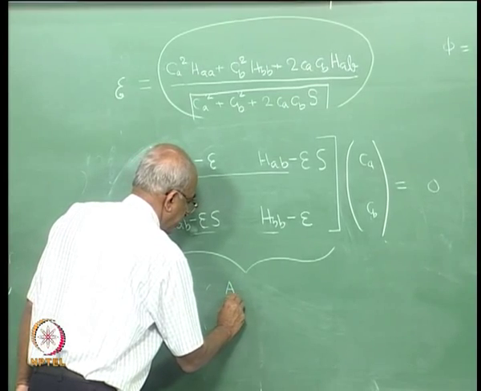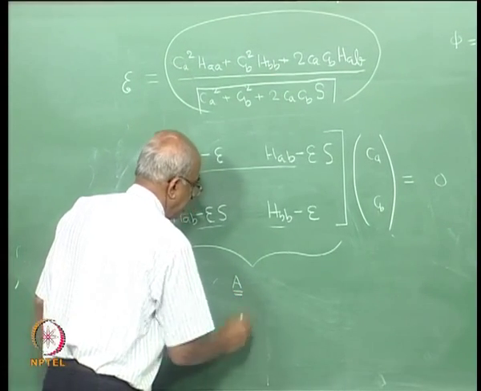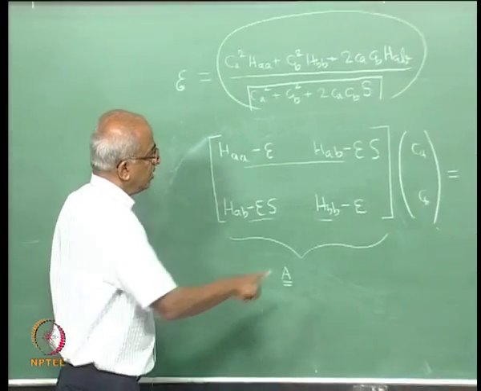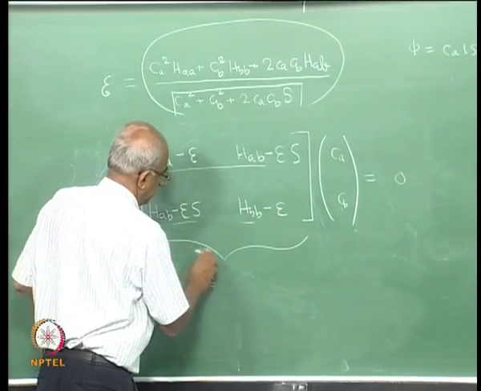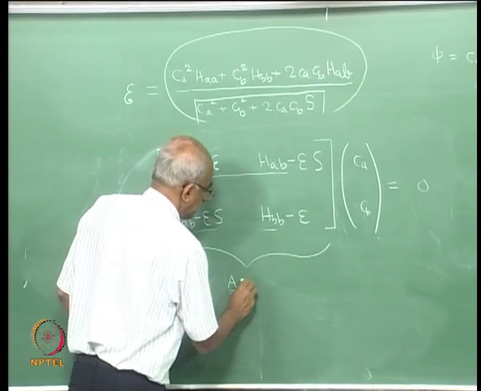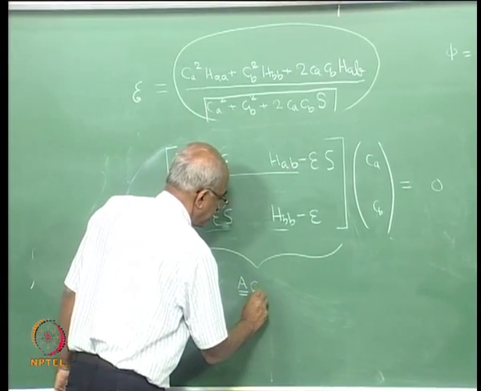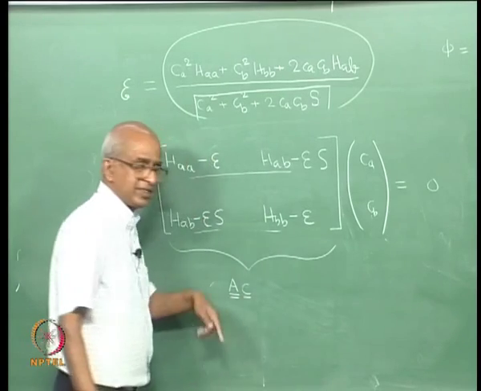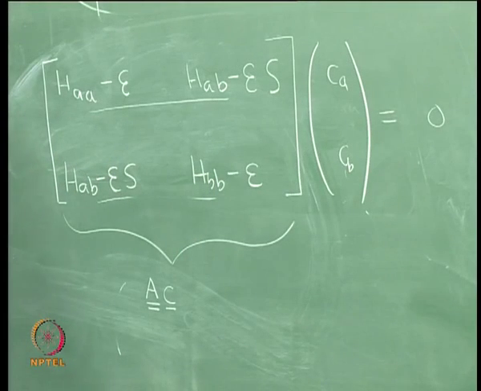I have a square matrix, which I shall indicate with a double underline, and this is a column matrix. This A stands for this whole matrix, and the other matrix I shall denote by the symbol C with one underline indicating that this is a column matrix.